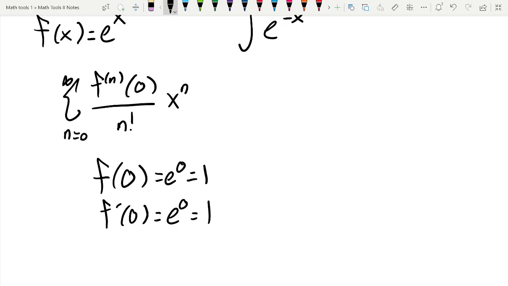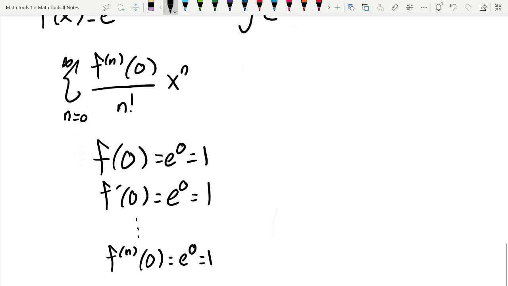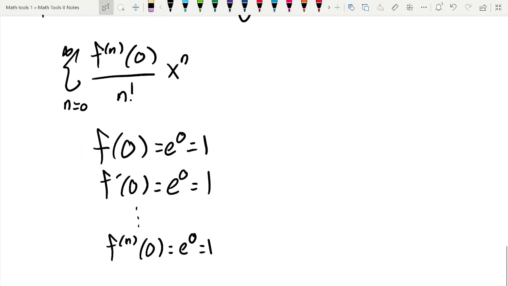There's really nothing to do there, and this is going to be true for all of them because that's what e to the 0 always is. So this derivative part is always 1.